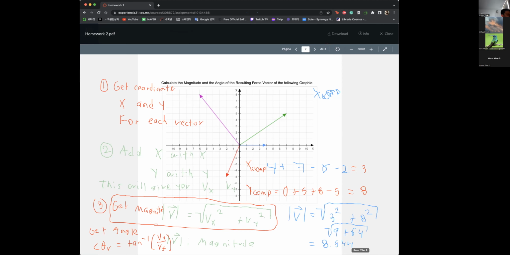And teacher, when they ask us for the magnitude, do I just put 8.54, or do I also have to put this magnitude sign, which is V? Generally in the exam, they are not going to put it like this.